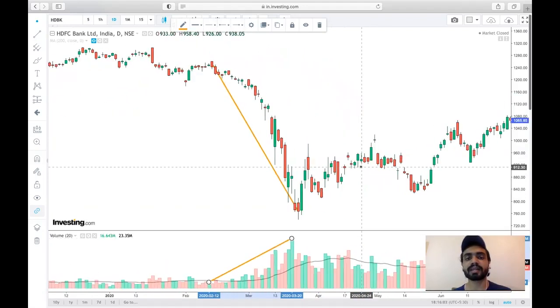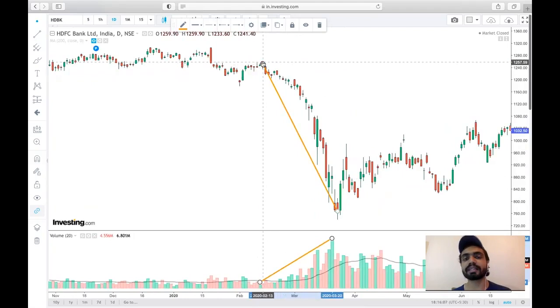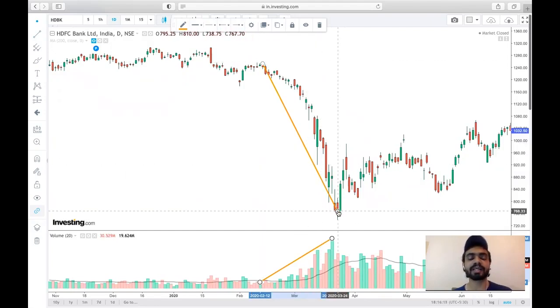That means this downtrend has sustained for a long period of time. So you can see the selling had started around near 1,250 rupees and it made a low of about 750 rupees. So there was nearly a 500 rupee drop in the stock.